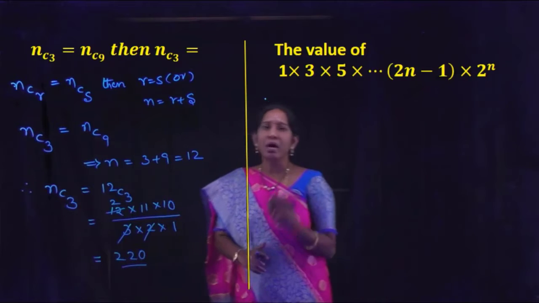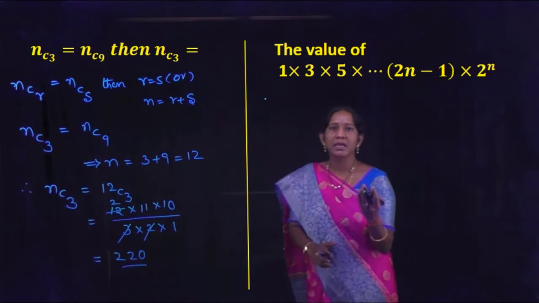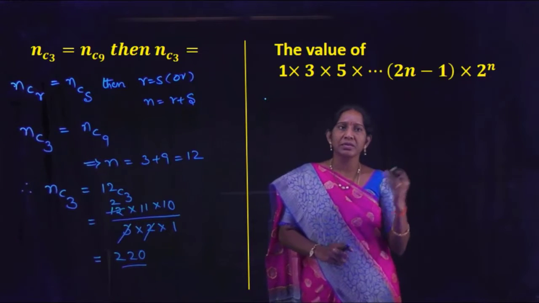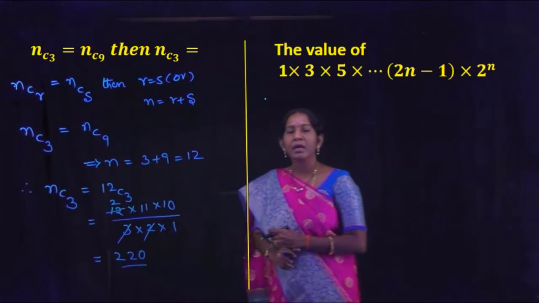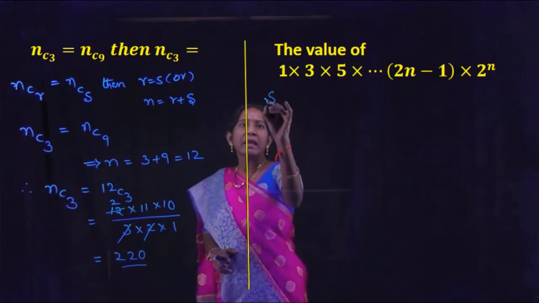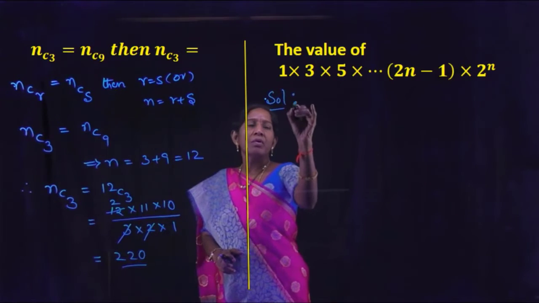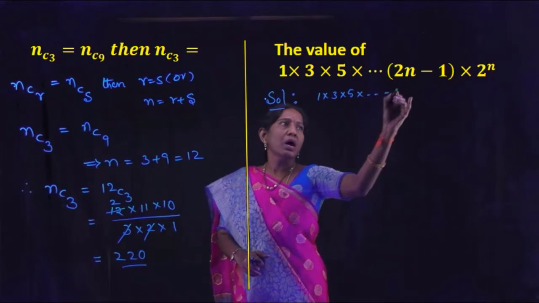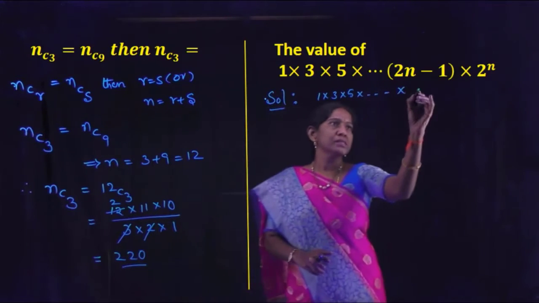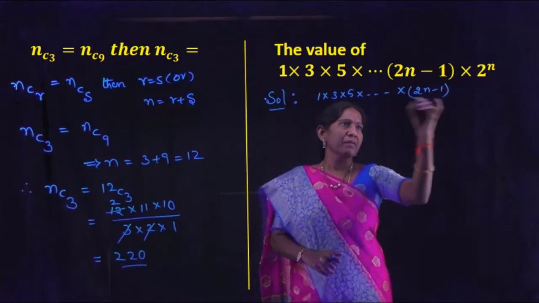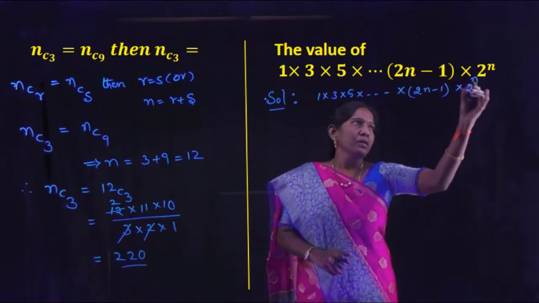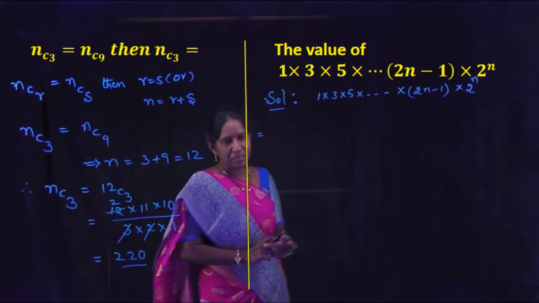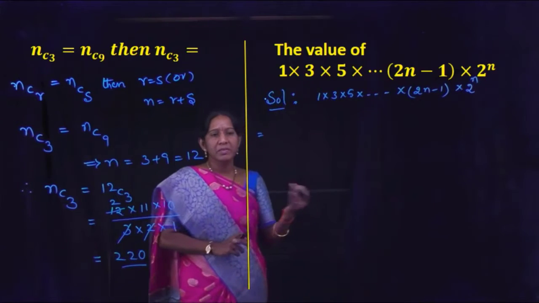Find the value of 1 into 3 into 5 and so on up to (2n minus 1), into 2 to the power n. If we observe the given form, there are only odd numbers, so even numbers are not there.